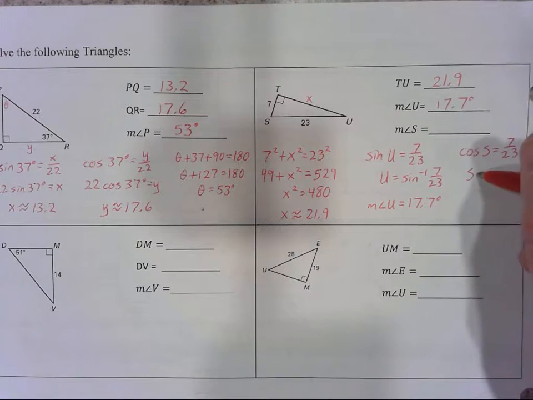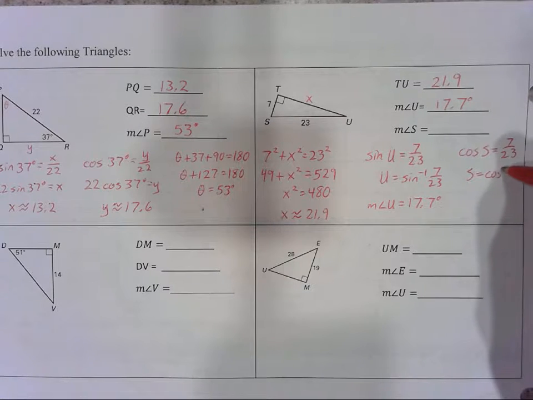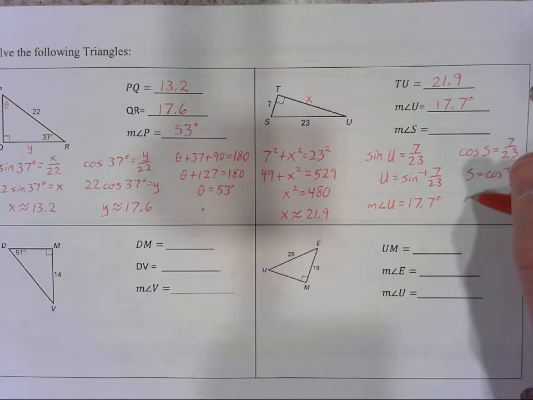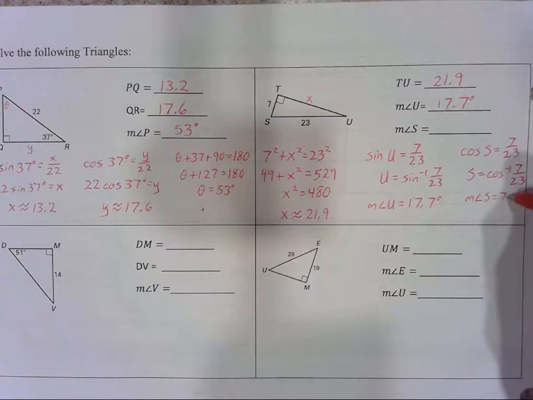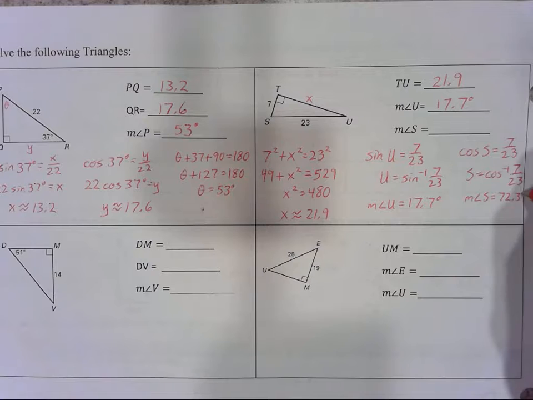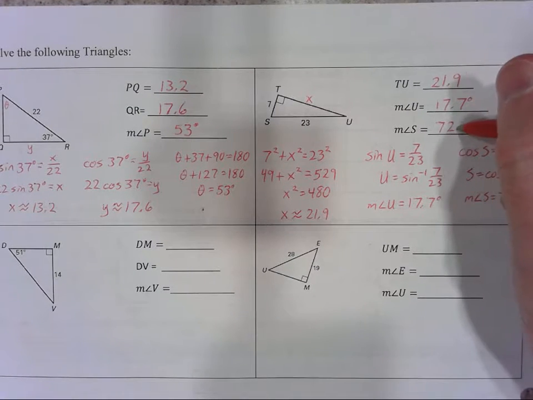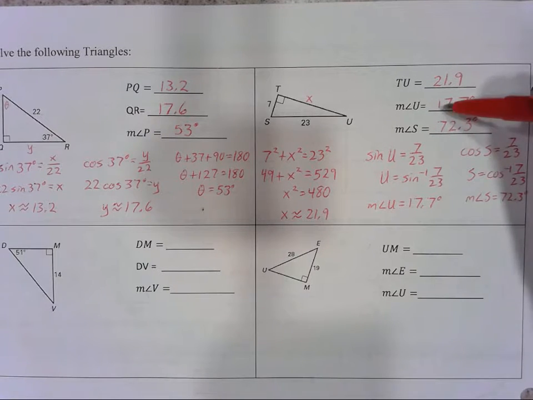So angle S is equal to the inverse cosine of 7 over 23. Second cosine, 7 divided by 23 to the nearest tenth is 72.3. Measure of angle S equals 72.3 degrees. Notice these two angles add up to 90 degrees.